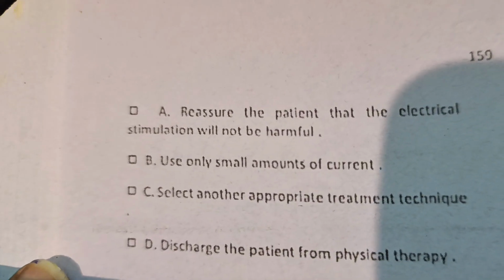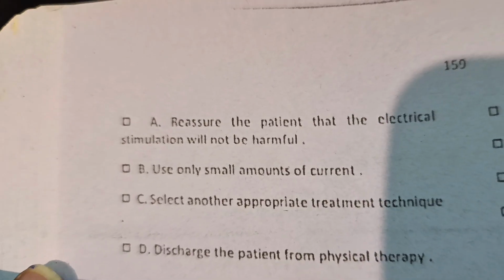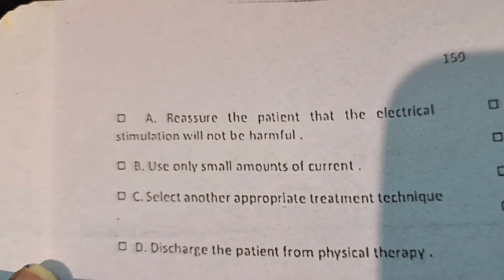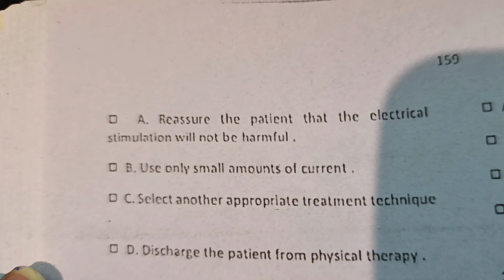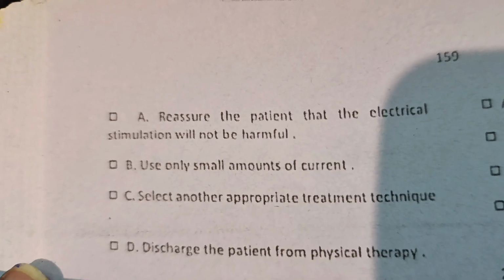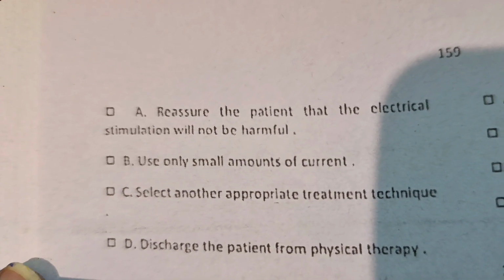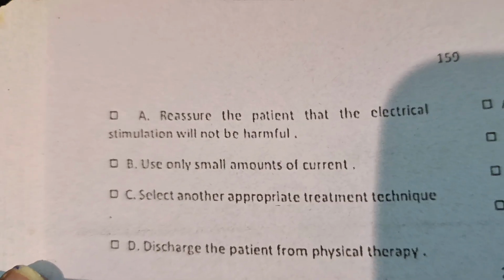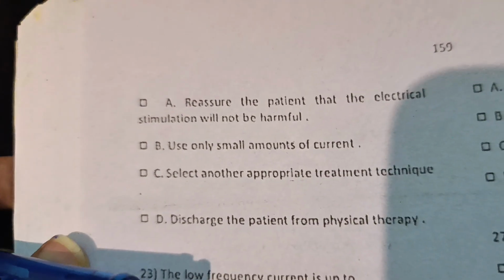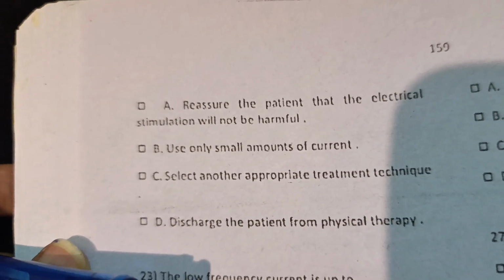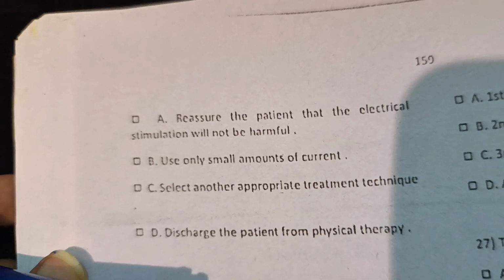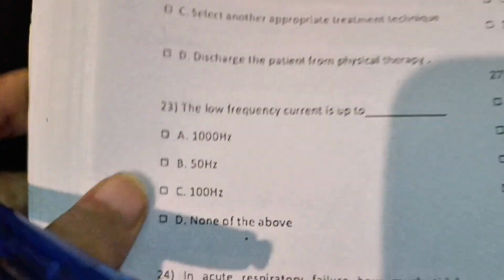Option B is use only a small amount of current. Option C is select another appropriate treatment technique. Option D is discharge the patient from physical therapy. And the right answer is option C, select another appropriate treatment technique.